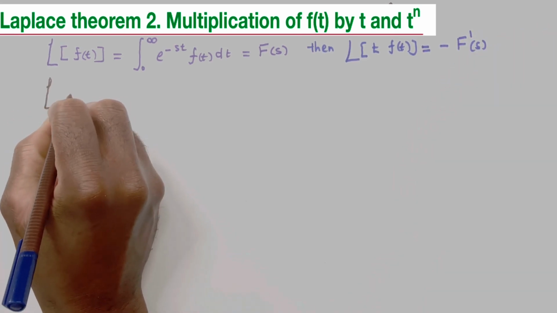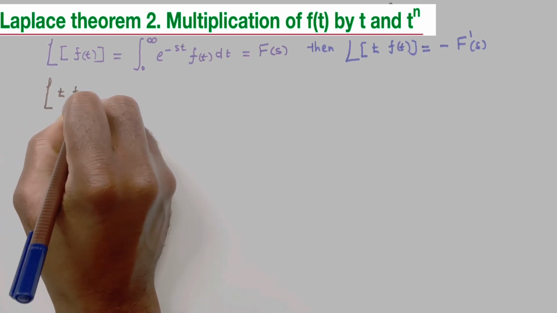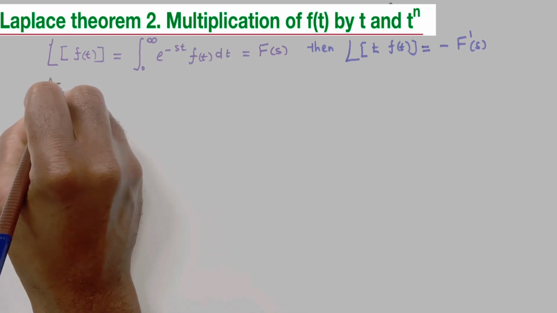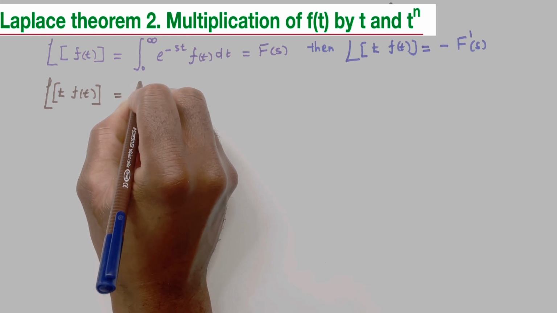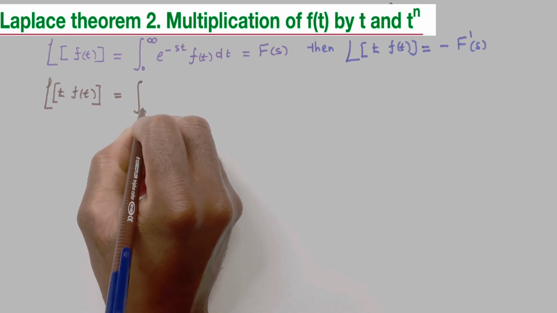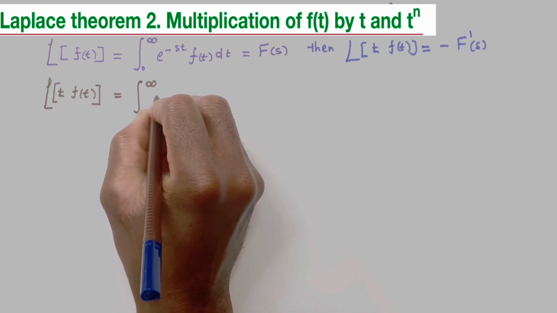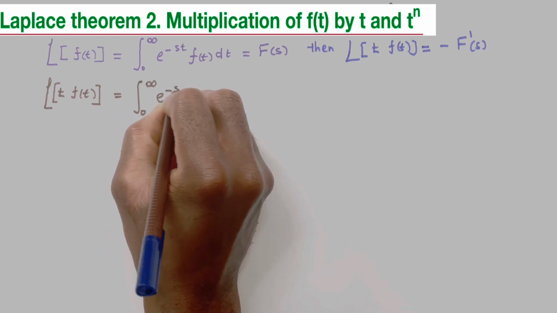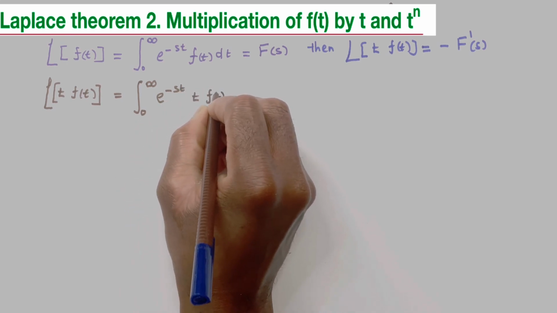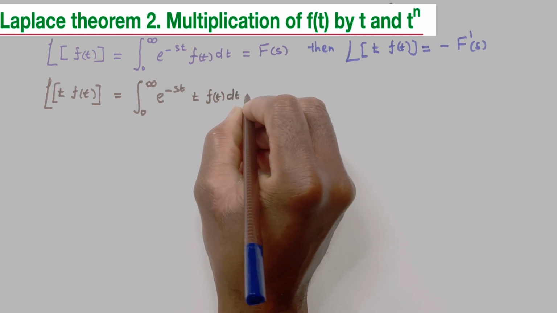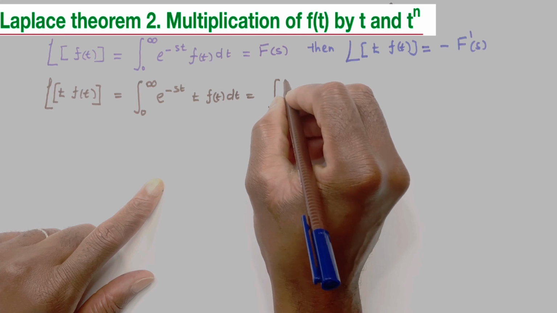The Laplace t times f of t can be written as the integral of 0 to infinity e to the power minus st t times f of t dt, and that should be integral of 0 to infinity.